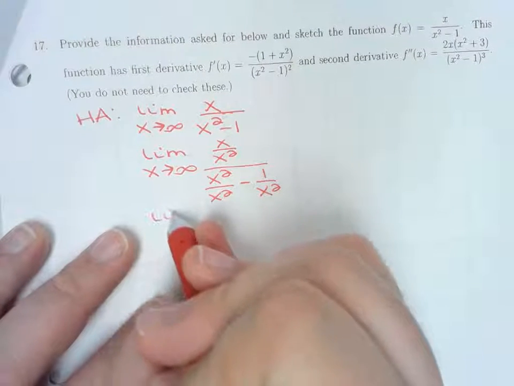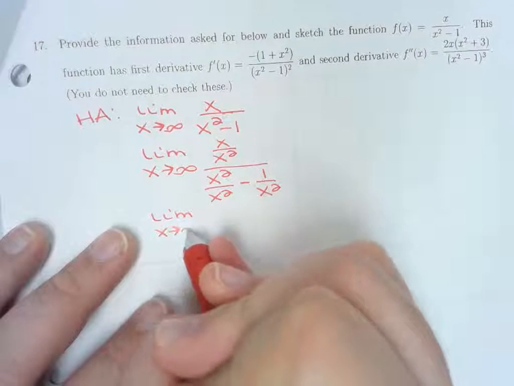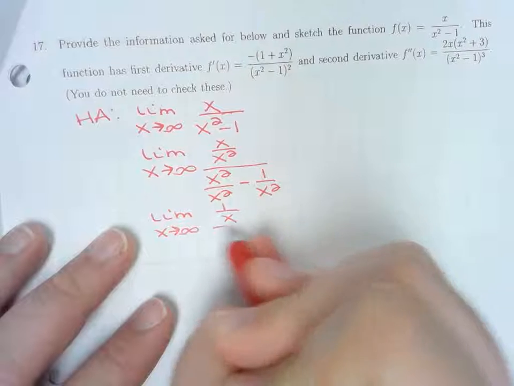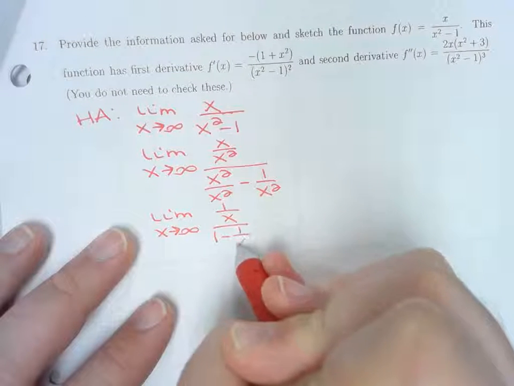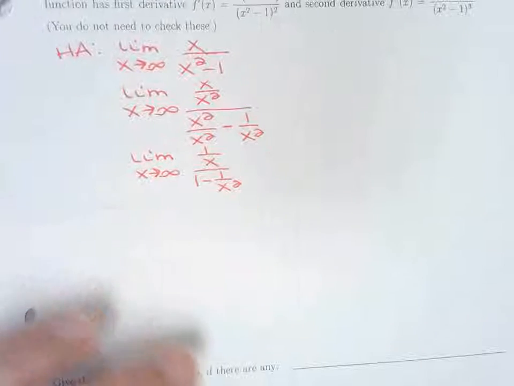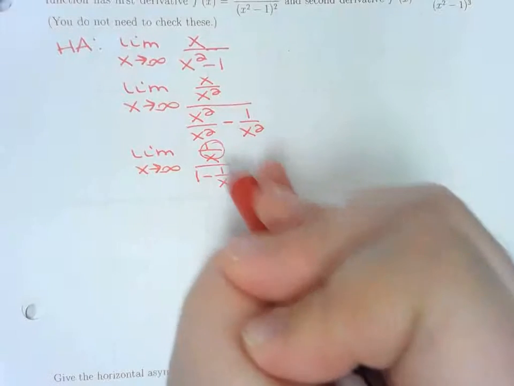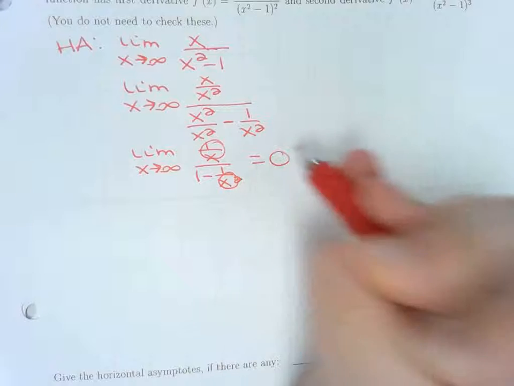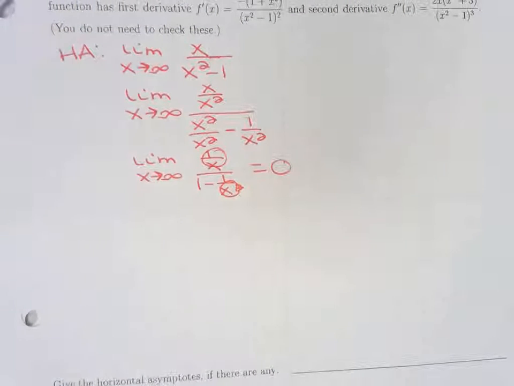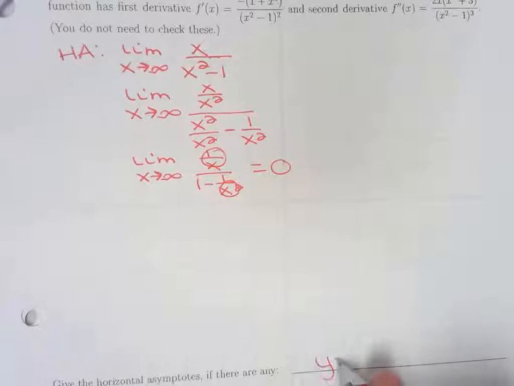This becomes 1 over x, over 1 minus 1 over x squared. And with a constant over x to any power, that goes to 0. I believe the shortcut is if the degree of the bottom is bigger than the top, it is 0. So either way, it is 0. Horizontal asymptote, y equals 0.